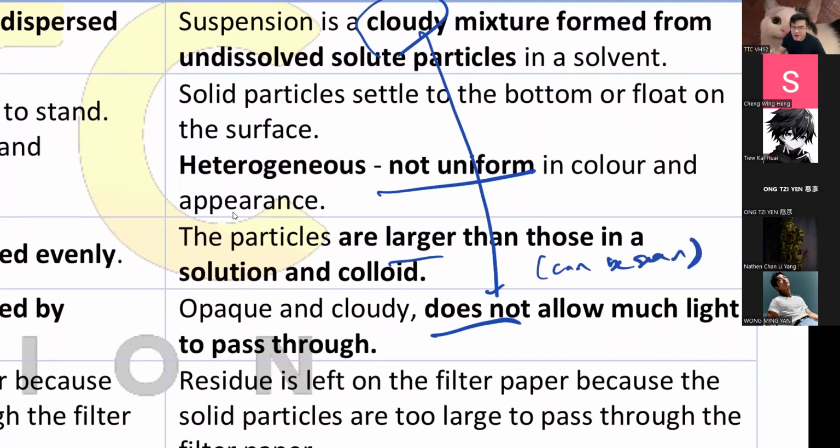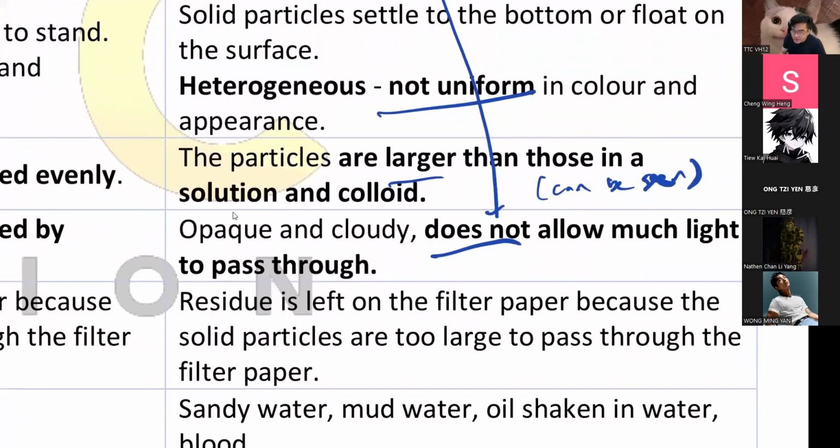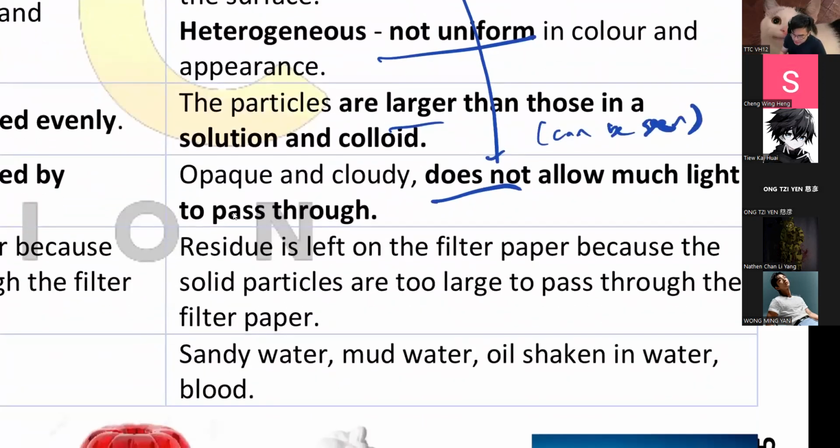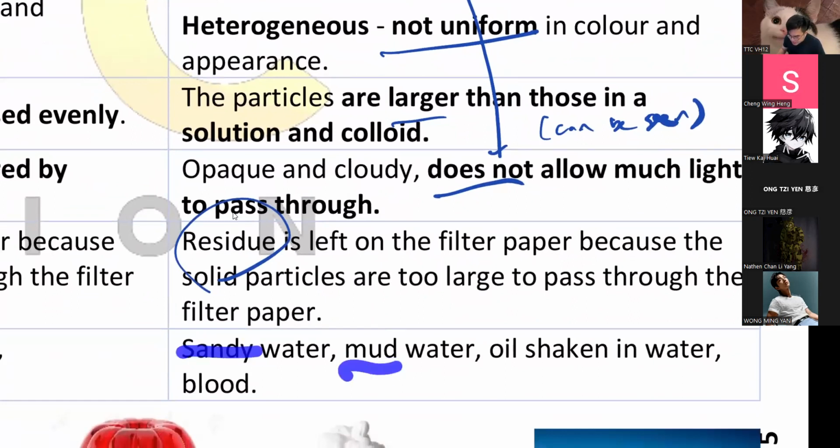You can see particles in a suspension. And can you filter sand water? You certainly can, you have residue left on it. Like your sand water, mud water, oil in water, blood. Blood is a suspension. Blood will sink to the bottom.